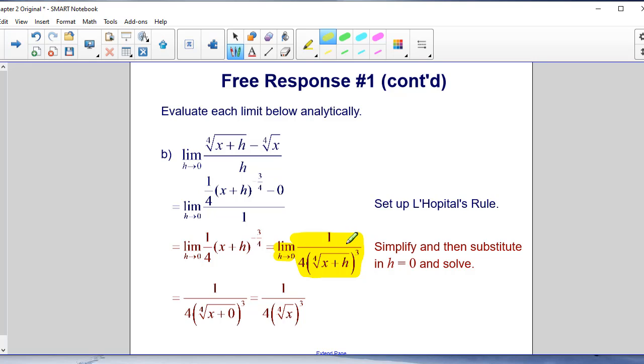And as h approaches 0, we're going to be left with 1 over 4 times the 4th root of x raised to the 3rd power. So what happens here is that depending on the value of x, the limit as h approaches 0 will be this. As x gets bigger, the value gets smaller, approaching 0. As x gets smaller, we approach infinity.